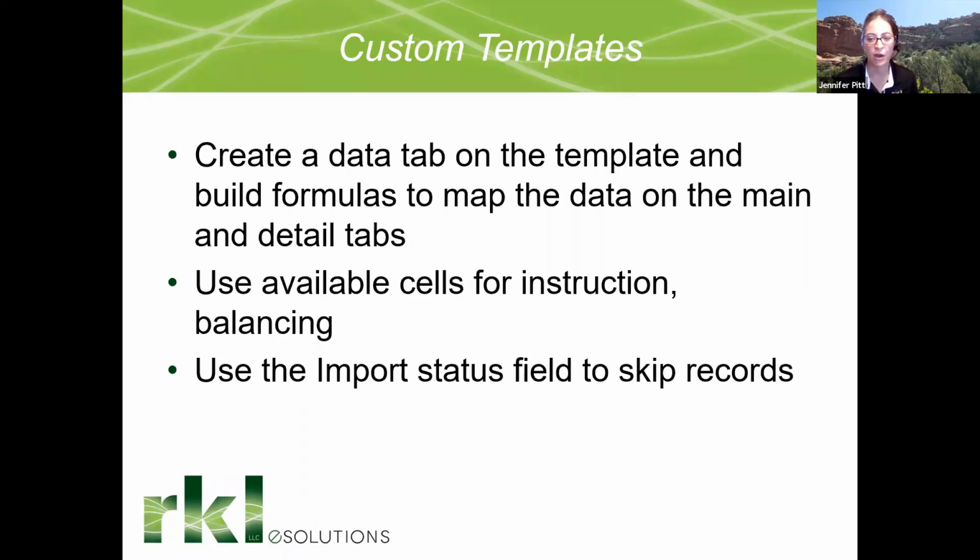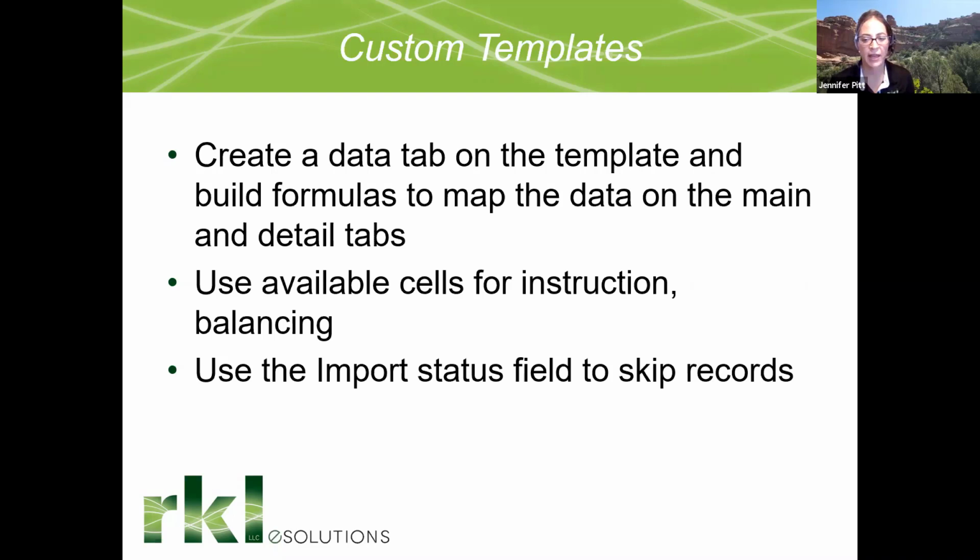That raw export would be your raw data, and we could map that to the main and the detail tabs for you. We can use some of the non-data cells that are available for instructions to the user.